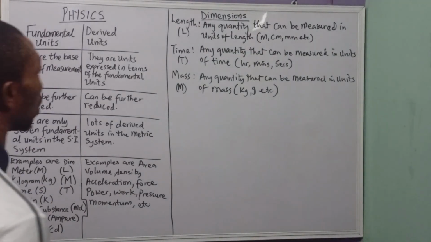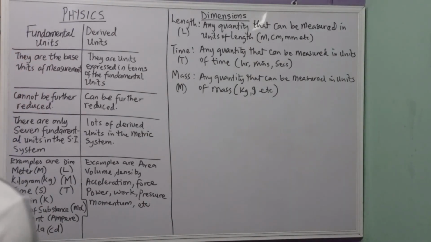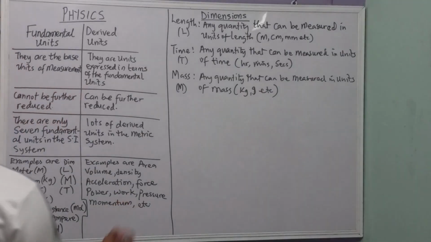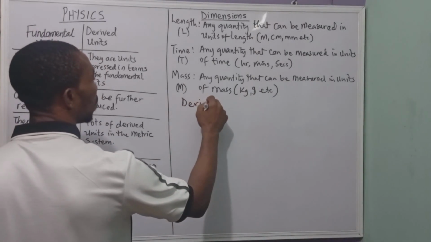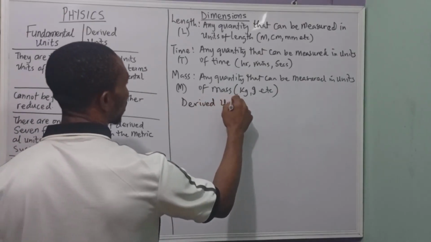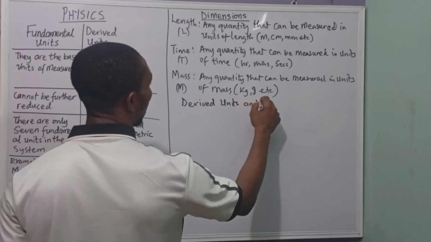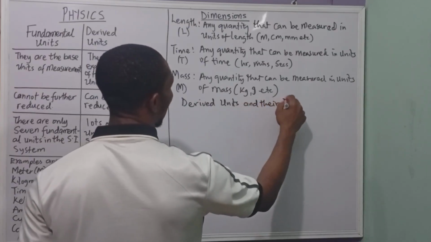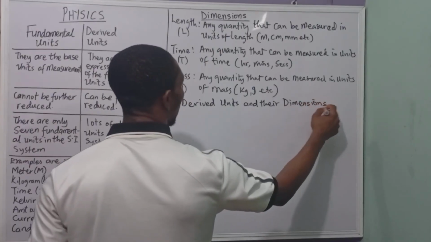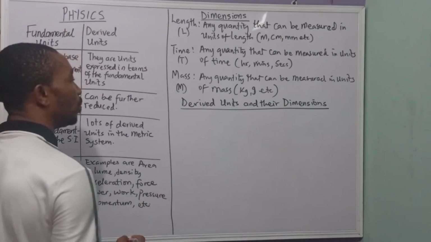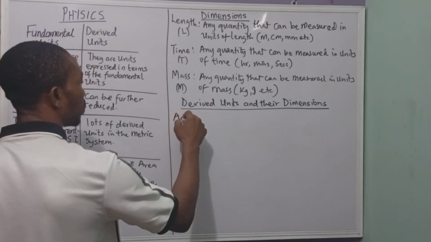So let's look at some derived units and their dimensions, starting from the basic ones. We have area.